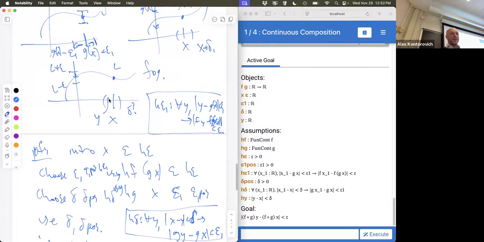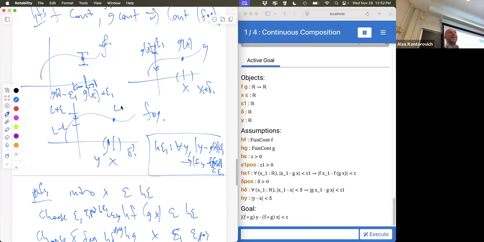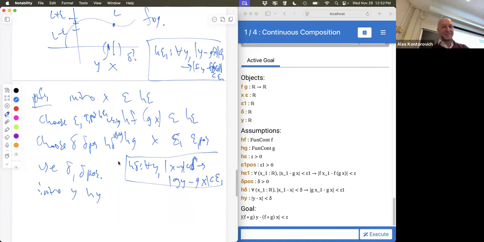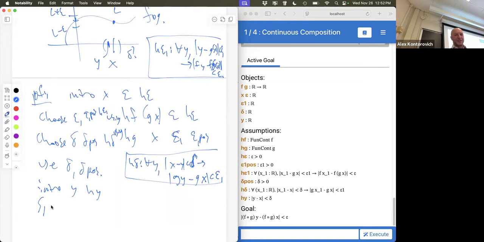I have a y here, and I know that y differs from x by at most delta. Therefore, yes? Exactly. I have my y, which is within delta of x. That means I can get g of y to be within epsilon 1 of g of x. So specialize h delta, which takes a value of x, to y.